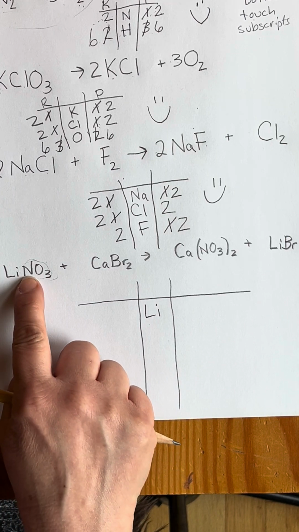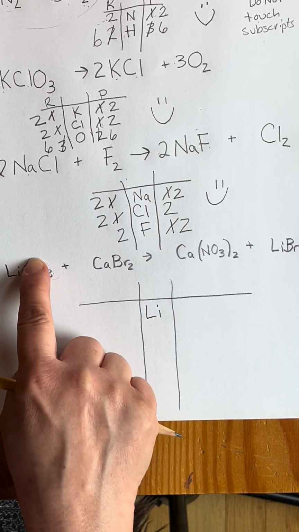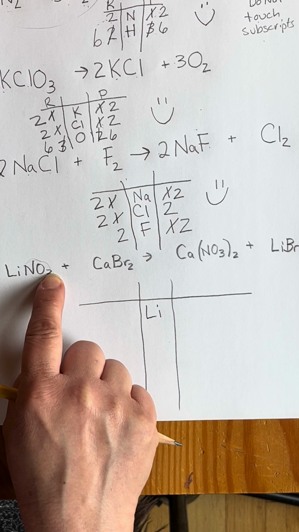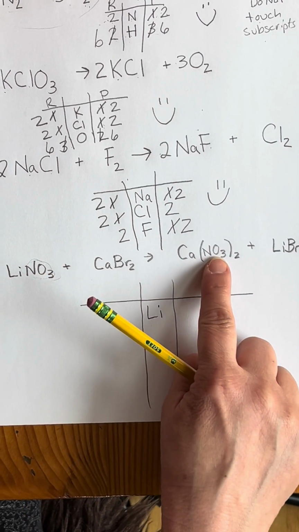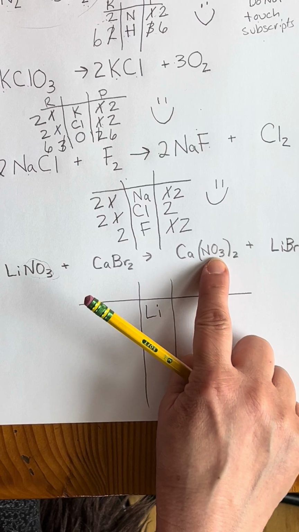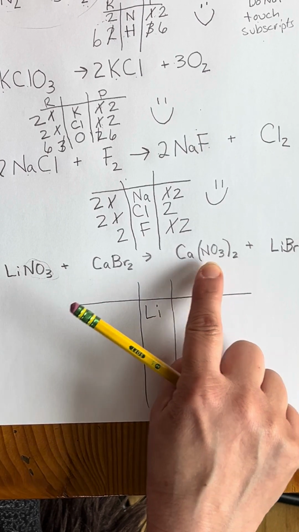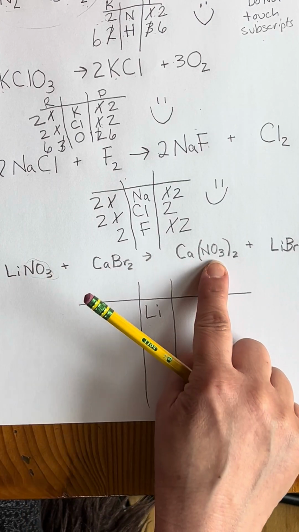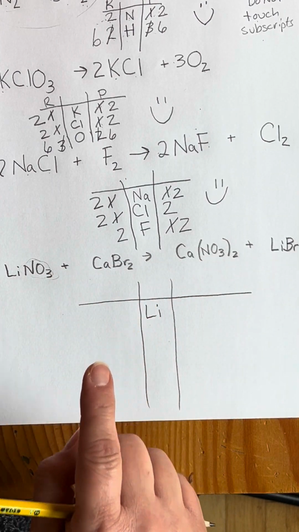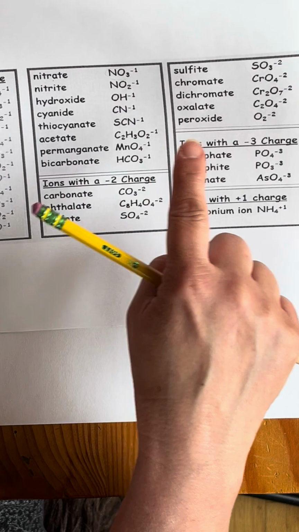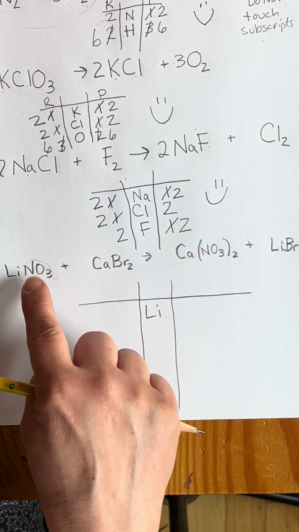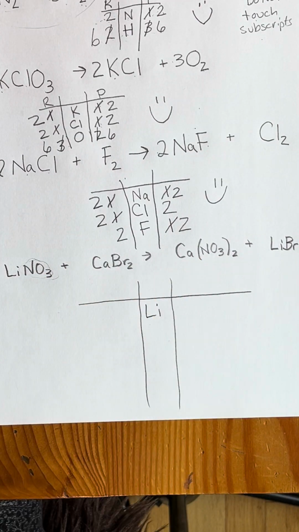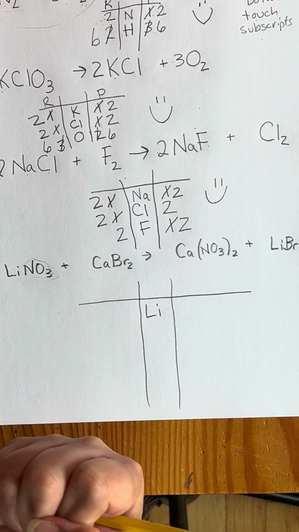If you can see NO3 just intact as an NO3, you check and see if you find it over here. And there it is, NO3. It is exactly the same, NO3, NO3. If a polyatomic ion, any one of these, appears on both sides of the equation, completely intact, you treat it like a unit.